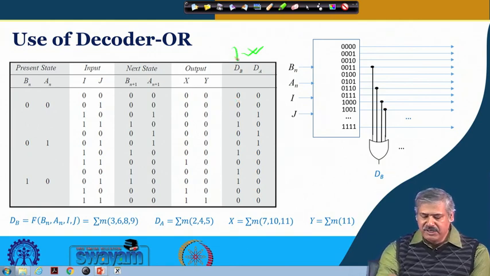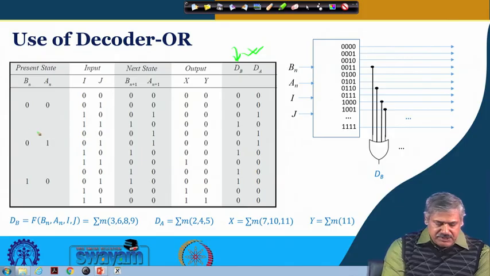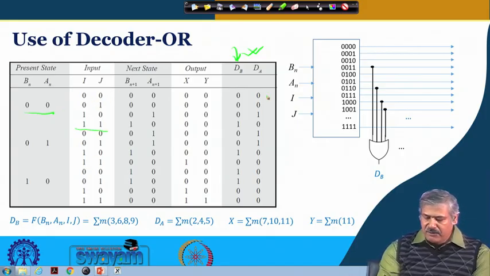So, this is the corresponding input, and this is your Bn An I J. So, this is your 0 0 0 0. For that dB is 0, 0 0 0 1 dB is 0, 0 0 1 0 dB is 0, and 0 0 1 1 dB is 1. That is what you can see.